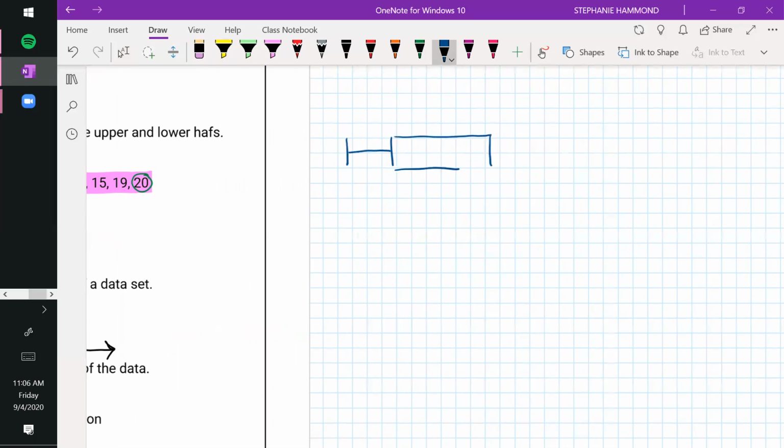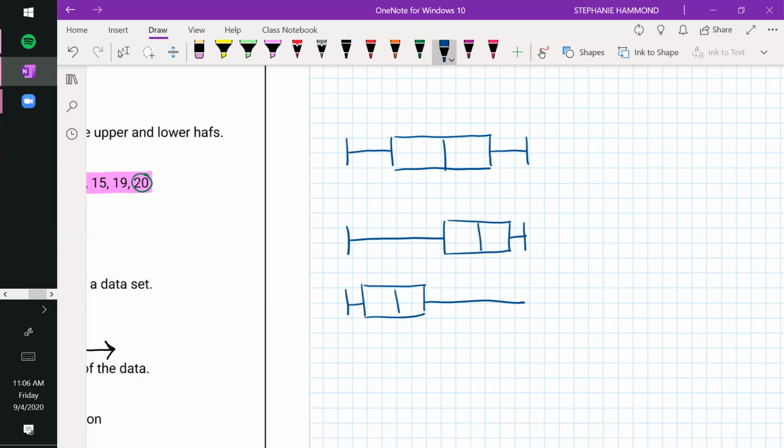It's all dependent on the whiskers. So here I'm giving you a general idea of the 3 basic shapes of box plots that we see.